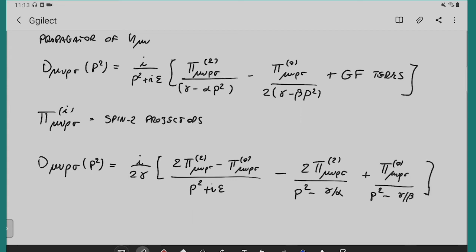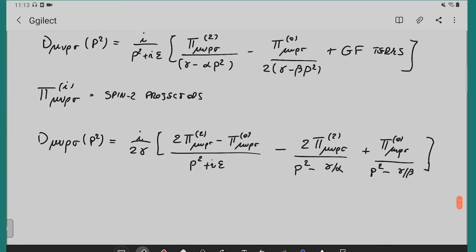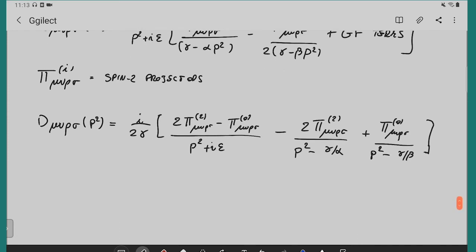Okay, so writing the propagator in this way, you can clearly see all the degrees of freedom. This combination of projectors is the same as in Einstein theory. So this is the projector to massless spin 2. So this gives you a massless spin 2, which is the gravity.